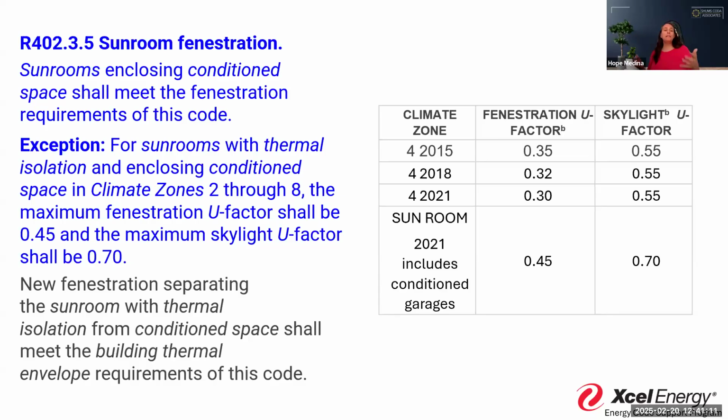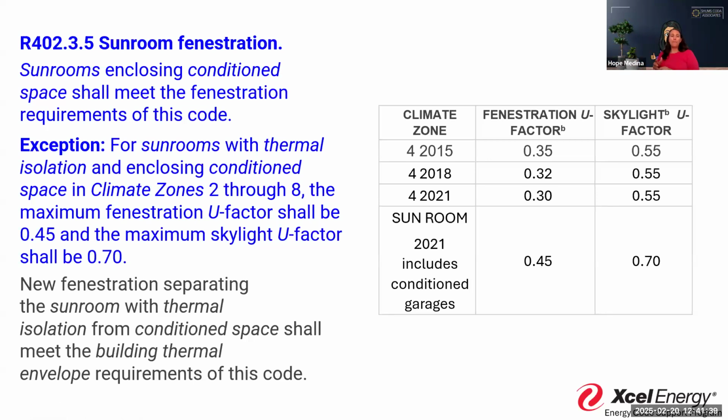The only thing that it has to be is a maximum of a 0.45 U factor. And then if you have the skylights, because they're less than 60, which a lot of times you have where those sunrooms have a large amount of skylights in it, then instead of the 0.55, you can go all the way up to a 0.70.